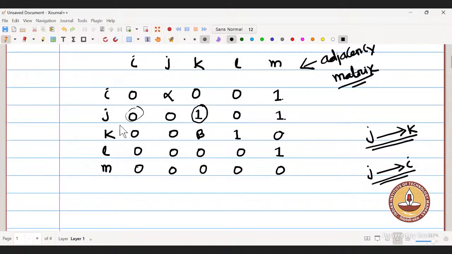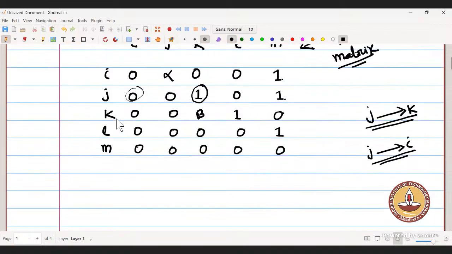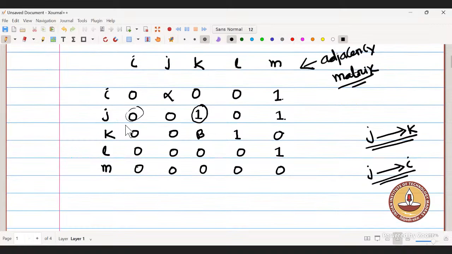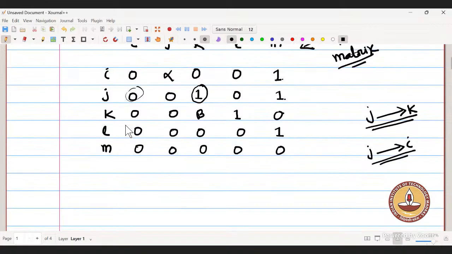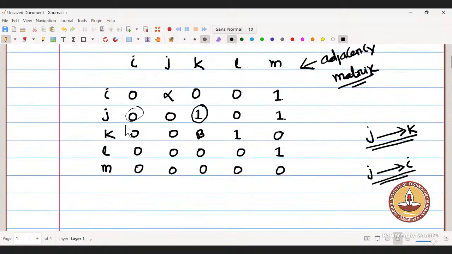So this part is clear to you, right? When I'm saying this edge, that means I have a path of length 1, correct?